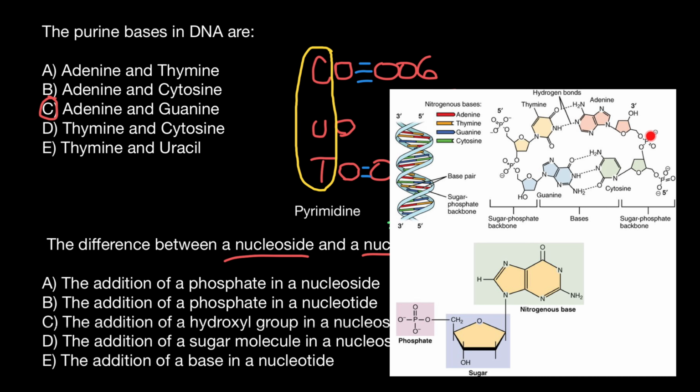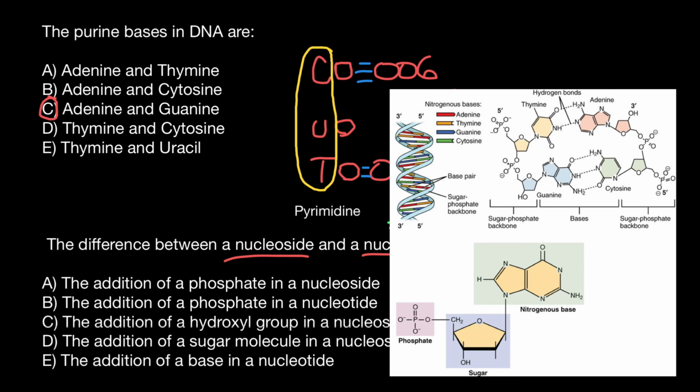And on the other strand of the DNA, again sugar, phosphate backbone, and a base. Between the bases we see hydrogen bonding: between cytosine and guanine a triple bond, and between adenine and thymine a double hydrogen bond.